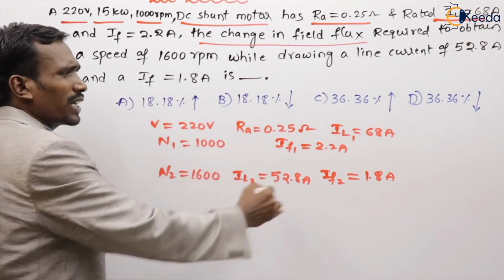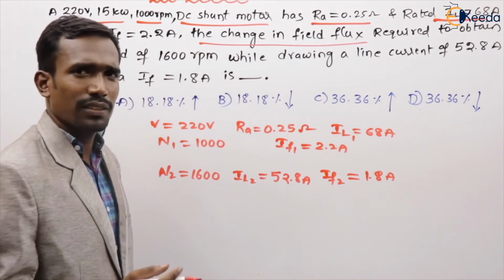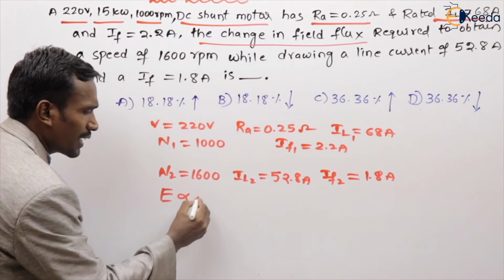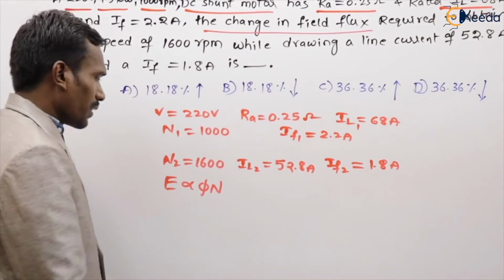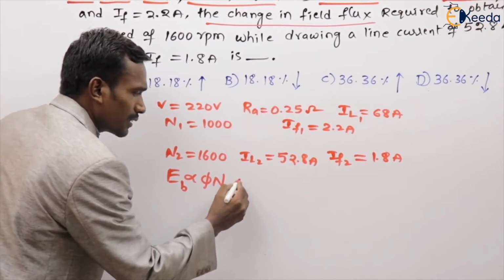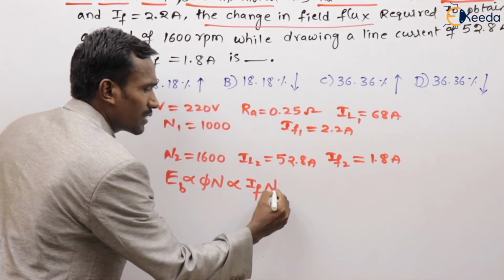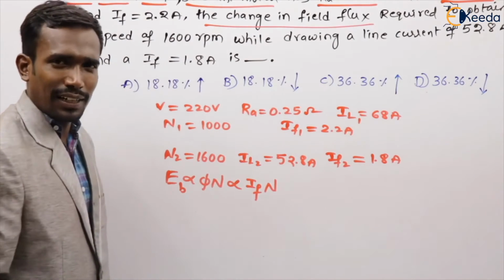Tell me what is the relation to find this. The basic relation we have is that the back EMF is directly proportional to phi into N, nothing but the back EMF is directly proportional to the field current and the speed, since the flux is nothing but the field current.